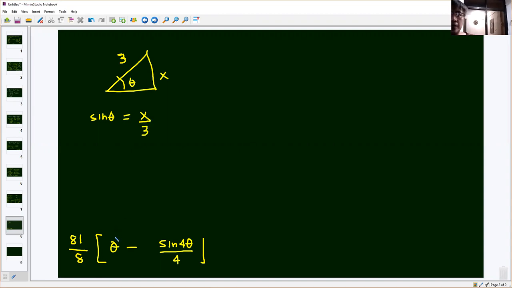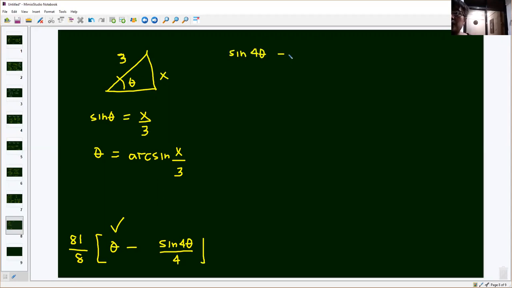Therefore, ito, madaling i-express. Theta is arc sine x over 3. Now, itong 4 theta ang kailangan natin i-express in terms of theta. So, trig pa rin tayo. Babalik tayo sa trig. So, okay na to. Check na to.